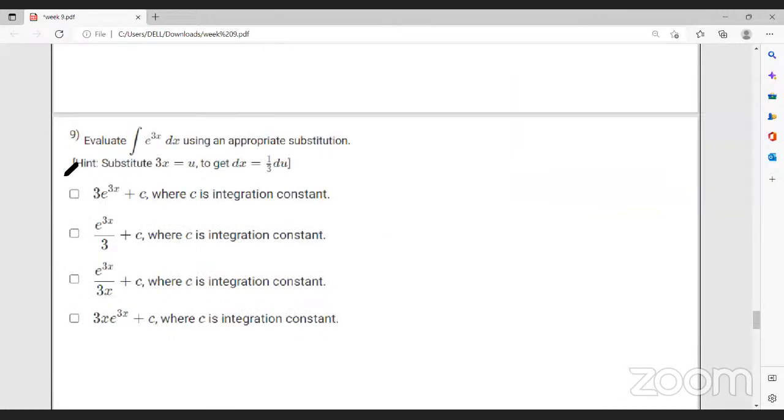Here the hint is directly given to you. Substitute 3x equals u and get dx equals 1 by 3 du. Simply, integral of e to the power 3x dx, so 3x equals u and dx equals 1 by 3 du. So that will be e to the power u, 1 by 3 du.